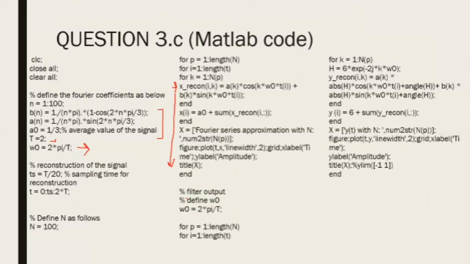This is used to define the value of omega naught, and this is assigned 1, 2, 3. This coding is used to assign the pi and k value, and all of this here is the calculation that Matlab will perform to create the output for the series.